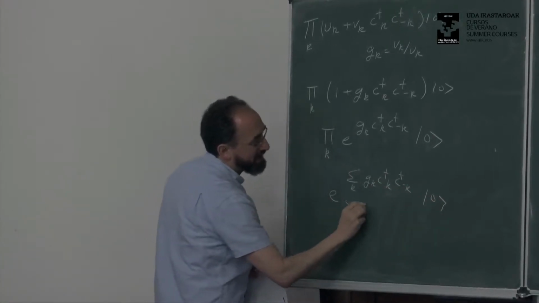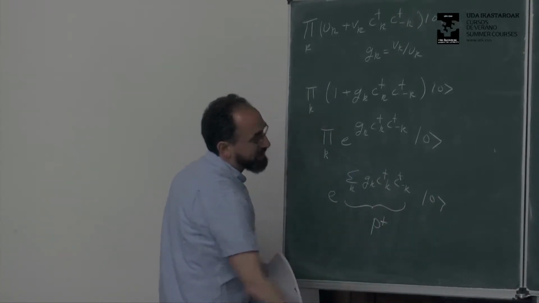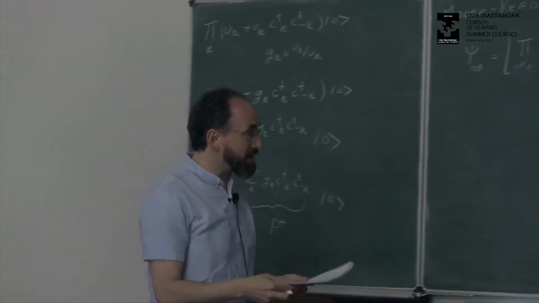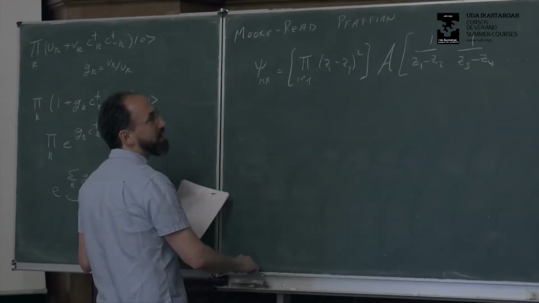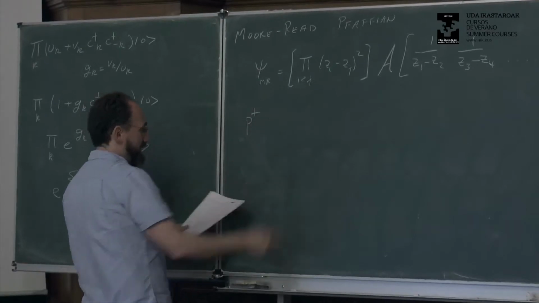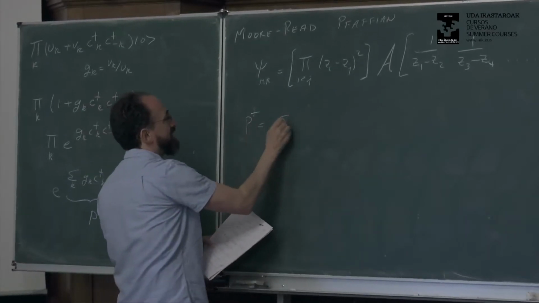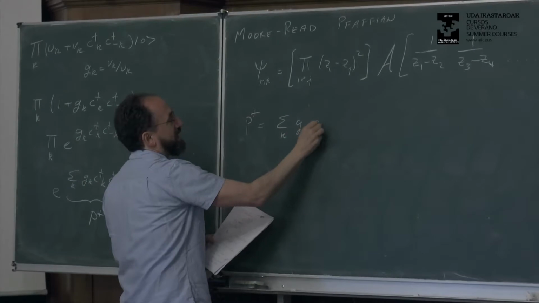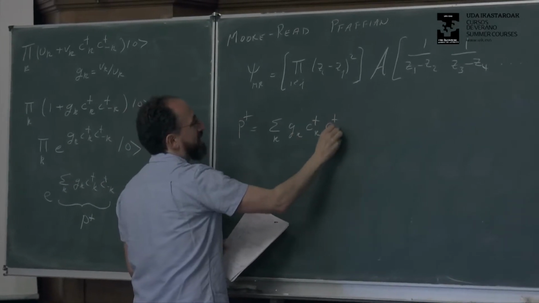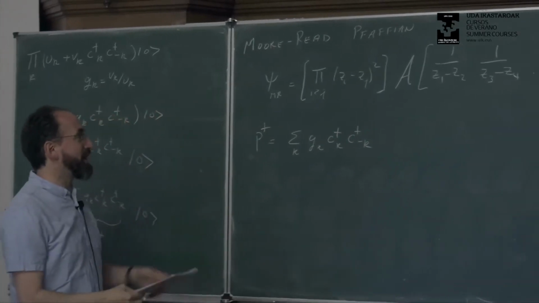And I'm going to define this thing here to be called p dagger. OK? So what's p dagger here? Let's write it out again. Sum over k, gk c dagger k, c dagger minus k. This is an operator that creates a pair.